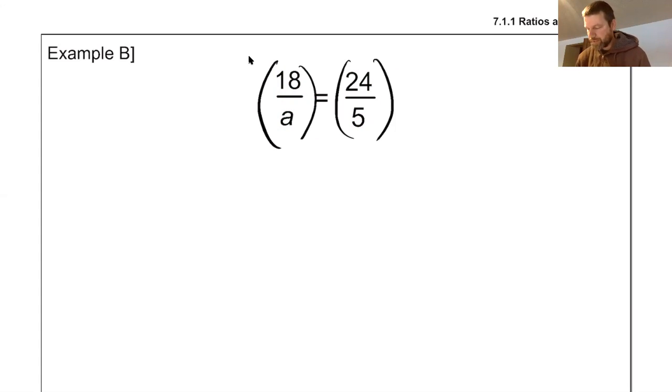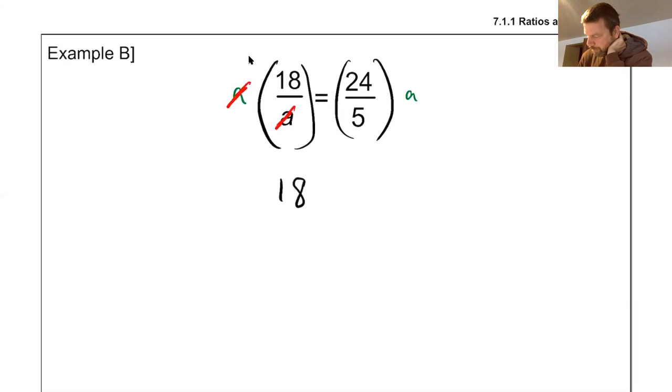All right, well, this is 18 divided by A. What's the opposite of dividing by A? Multiplying. Actually, I'm going to multiply by A. The reason I'm going to multiply by A is I thought it was annoying that this A was on the bottom. So one way I could get rid of that is by multiplying by A, because then on the left side, those A's are going to go away.